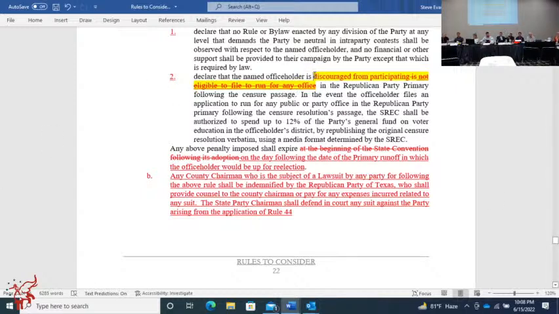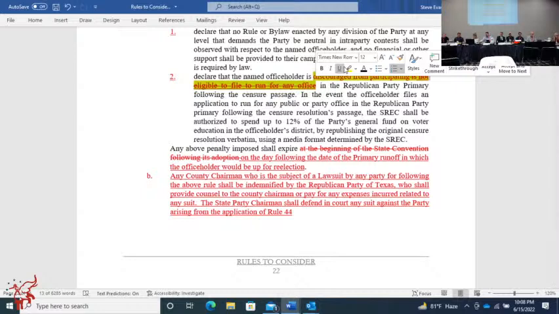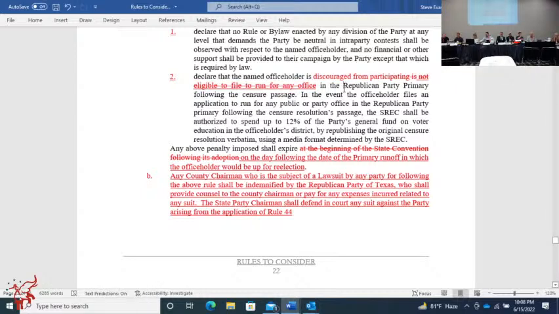Nays have it. Sir, I'd like to make an amendment. Give me just a second. Let me get this language right. Okay, I'll recognize you for your amendment. Yes, sir.